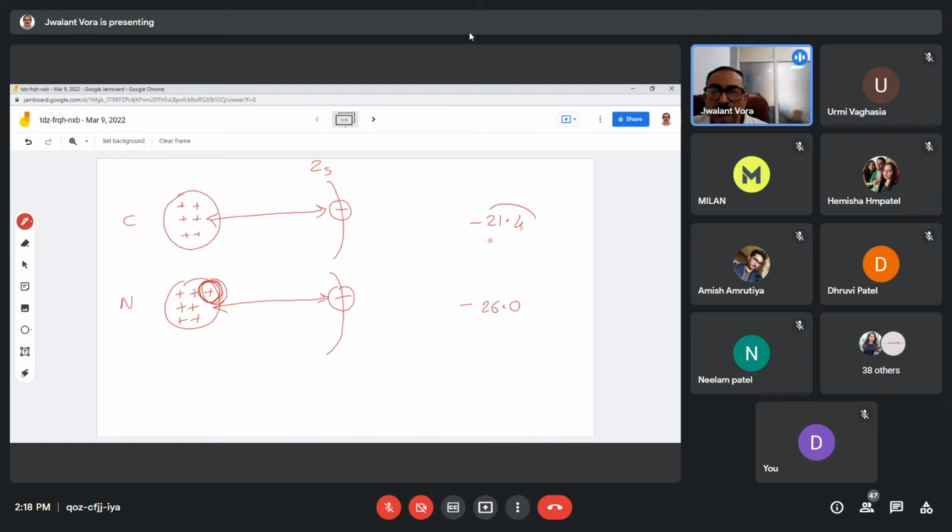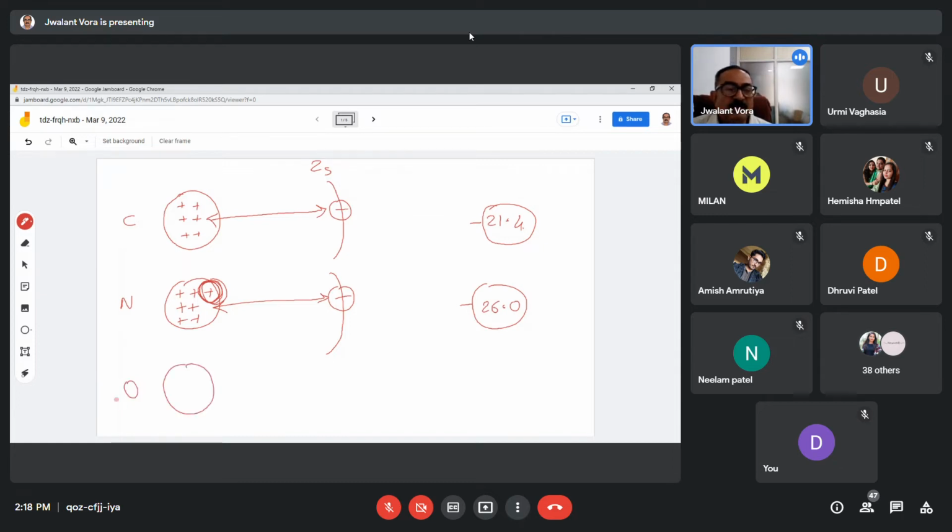So 21.4 and 26.0. Why? Because one proton is more. So forces of attraction will be more, so it will require more energy for the removal of this electron.